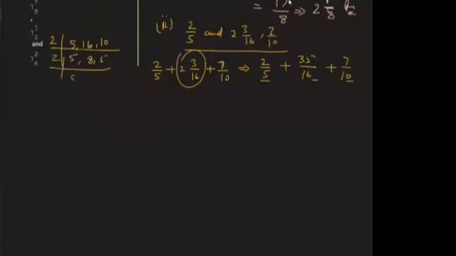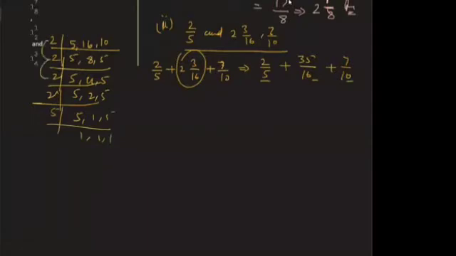Now 2 5s are 10, 2 4s are 8, 5 as it is, 2 2s are 4, 5 as it is, 5 1s are 5, and now 1 1 1. So the LCM: 2 2s are 4, 4 2s are 8, 8 2s are 16, 16 5s are 80. So the LCM is 80 now. Okay. So draw a line and write 80 here.